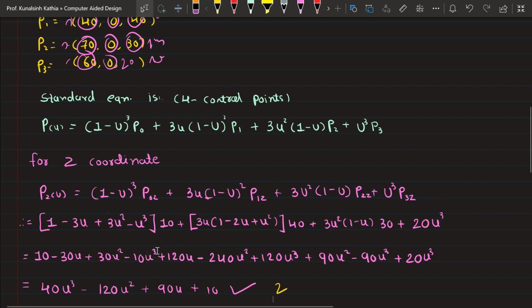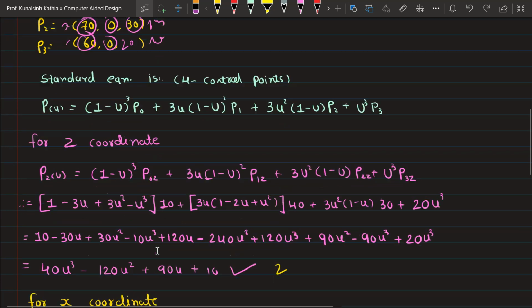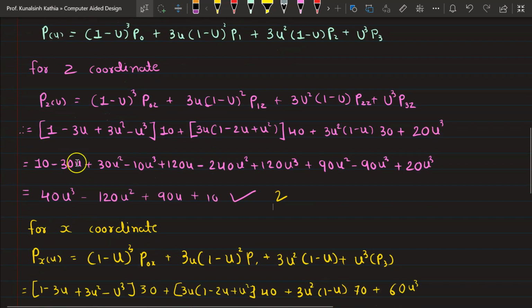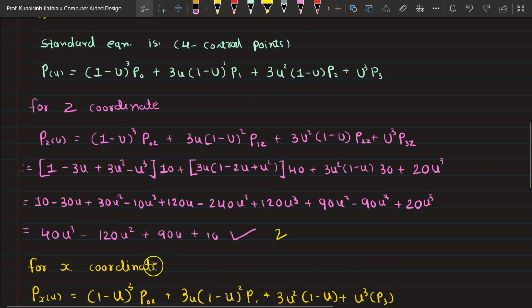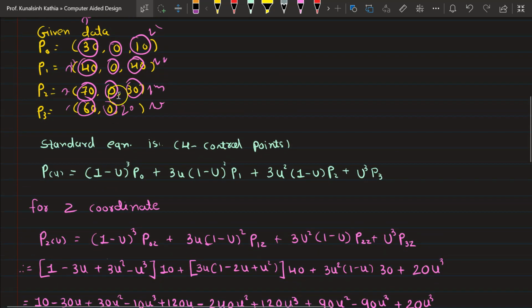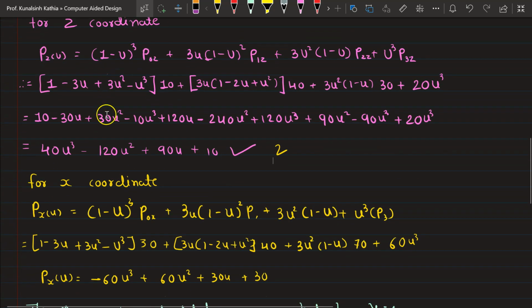Similarly if we found for z, we should found for the x also, right? So for x coordinate the same thing I am doing. See, this equation is same here, 1 minus u cube, simply I am just replacing z with the x. So previously we were putting these values, now we are replacing these values, 30, 40, 70 and 60. So now you can see it here, right?